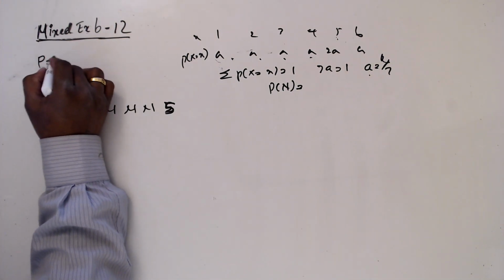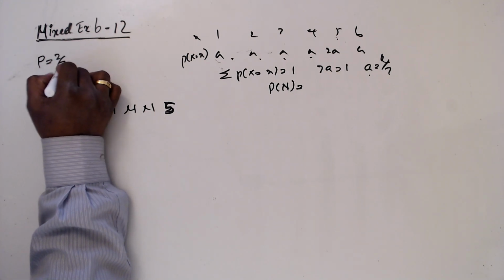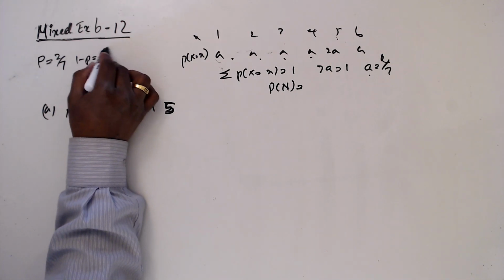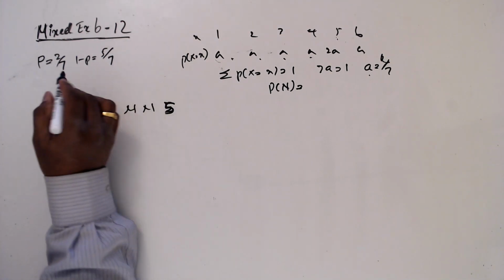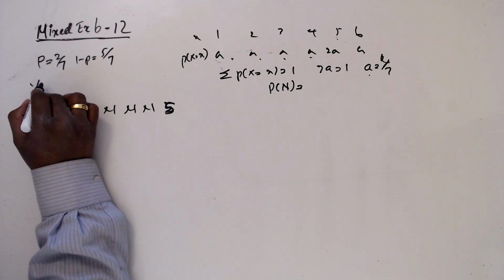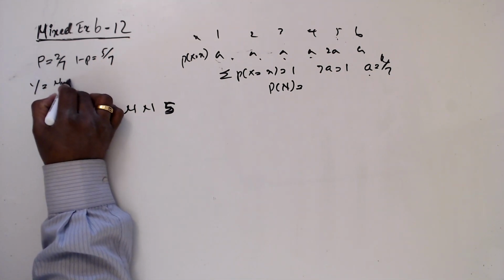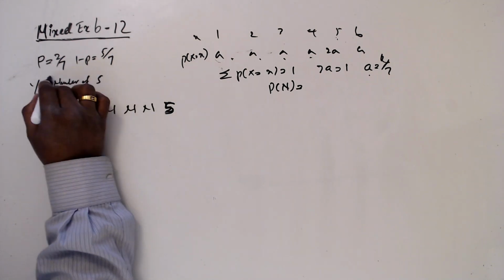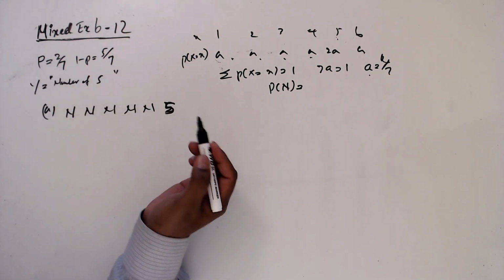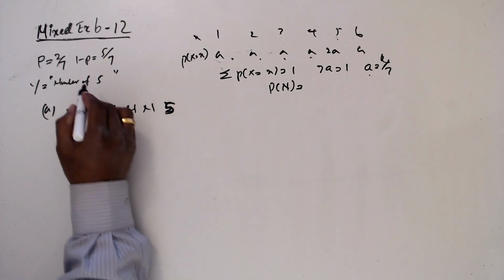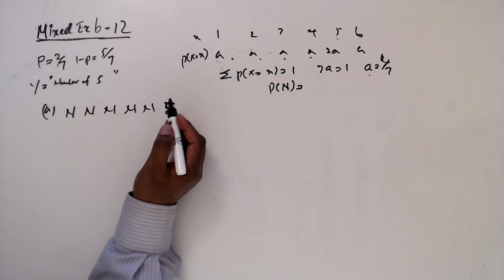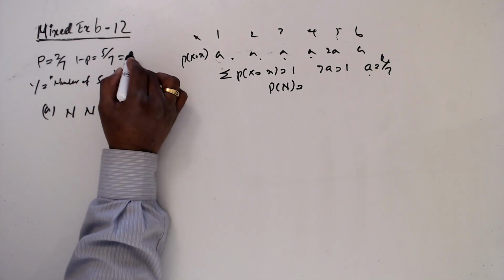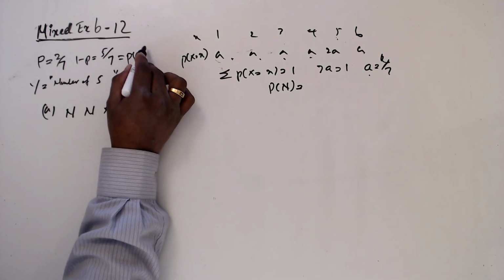So P is 2 over 7, and 1 minus P is 5 over 7, and Y is the variable number of 5s counting, and then getting this is equal to n, probability of n.